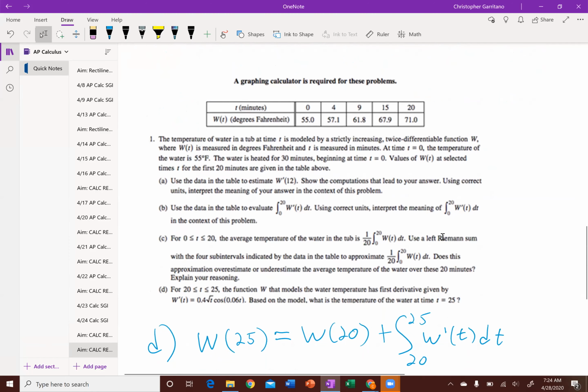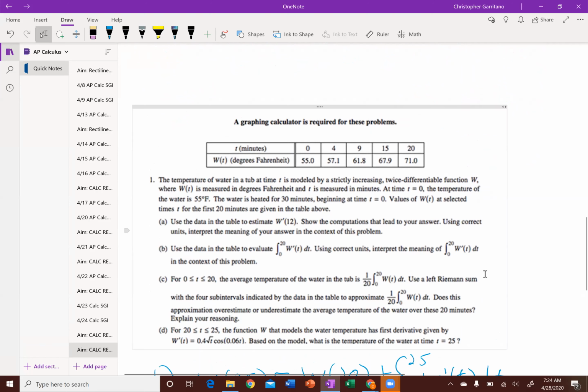And for this problem with the water temperature, I wanted to discuss part D. Part D, this is a type of problem that I almost guarantee will be on the AP exam, where you're asked for, in this case, the amount of water at t equals 25.